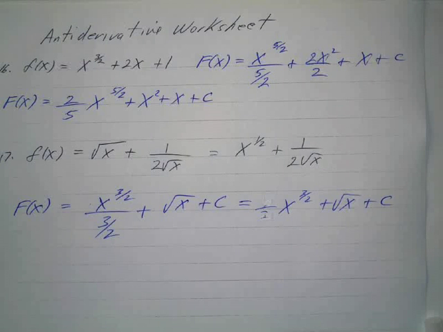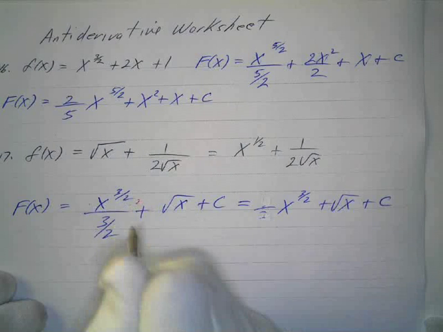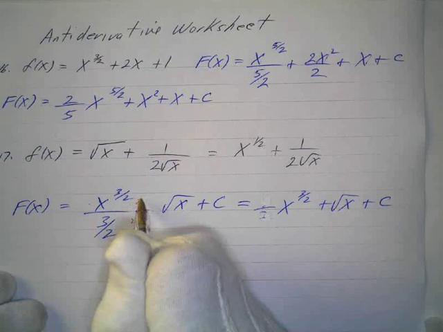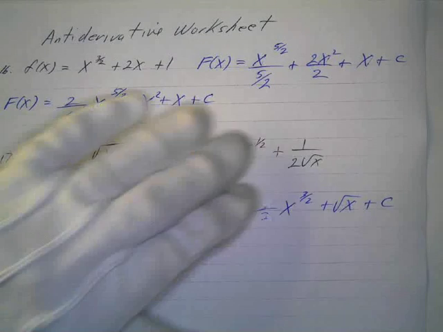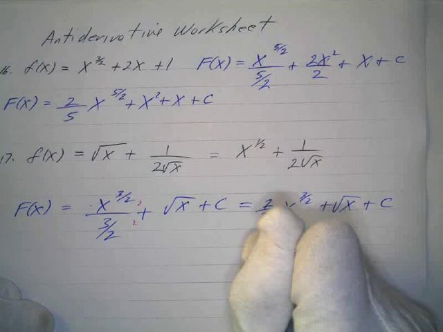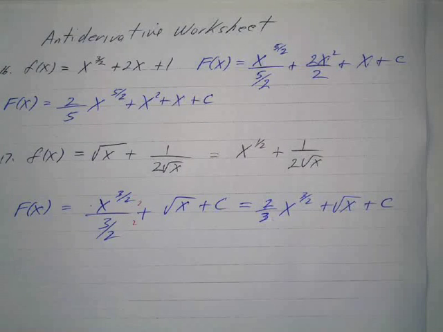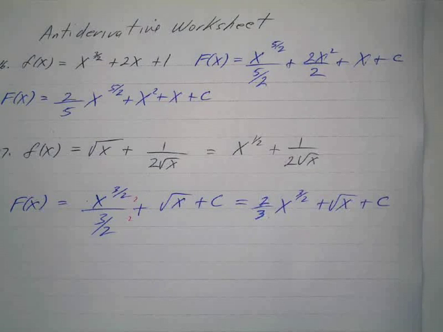Or again, like we said before, you could just multiply the top and the bottom here by the 2. And then you just end up with 2 on the top and 3 on the bottom. So that should be 2/3, excuse me. There you go. Glad I caught that.